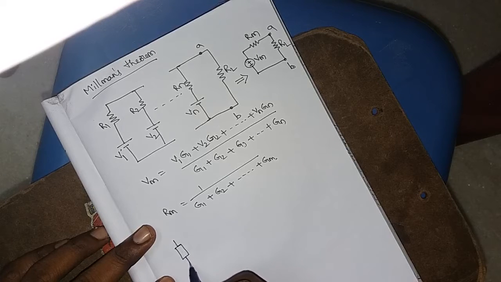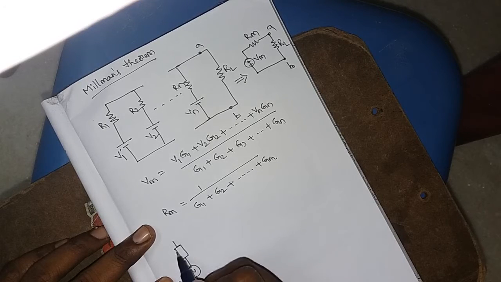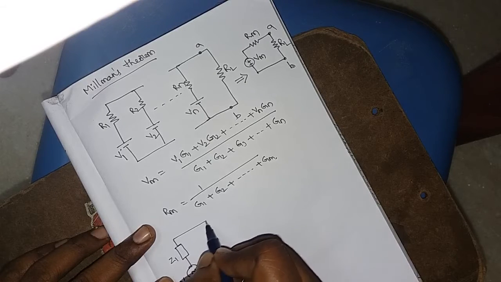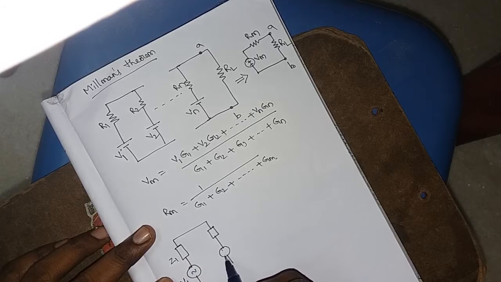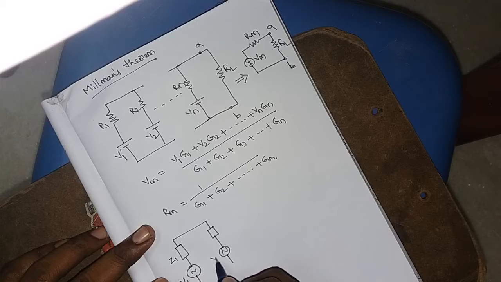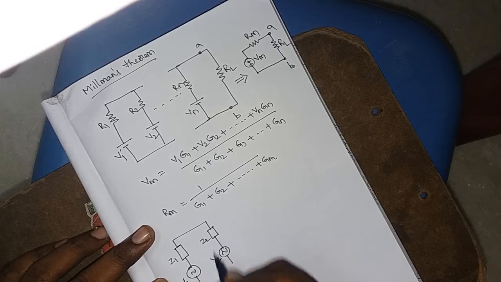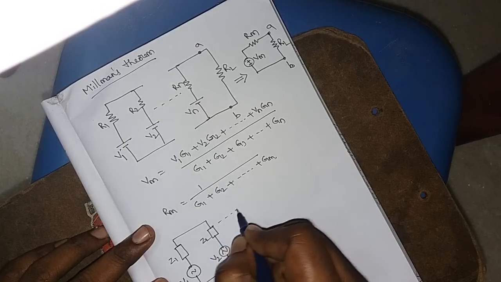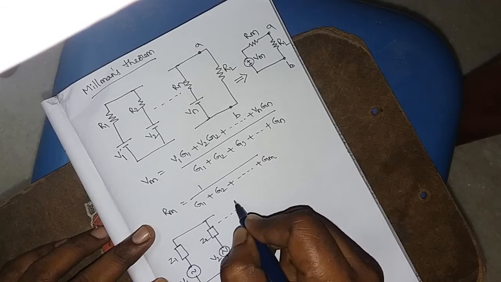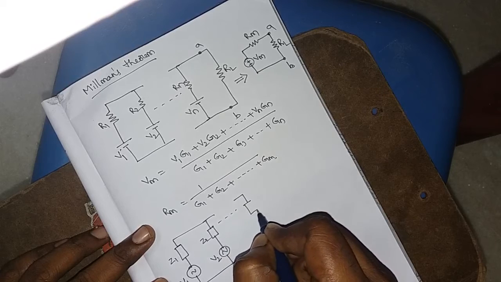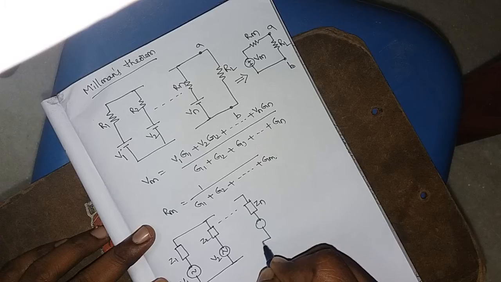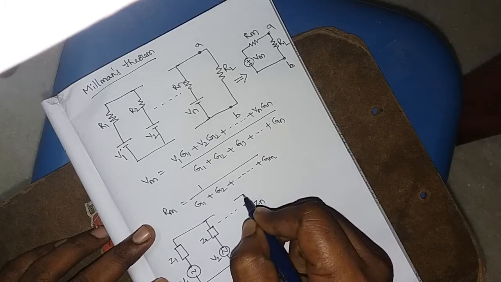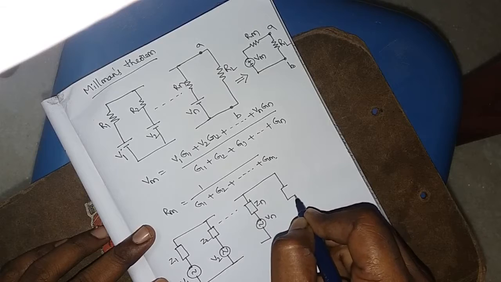Let this be Z1, the internal impedance of source V1, next Z2, the internal impedance of source V2, and so on. The nth impedance is Zn, with Vn, and here I have ZL.